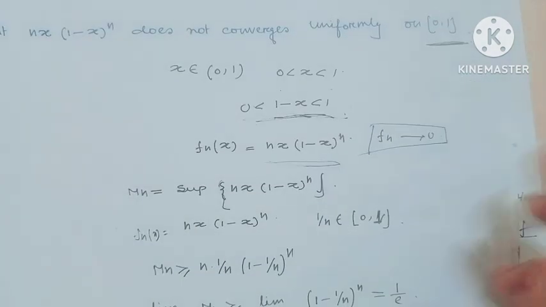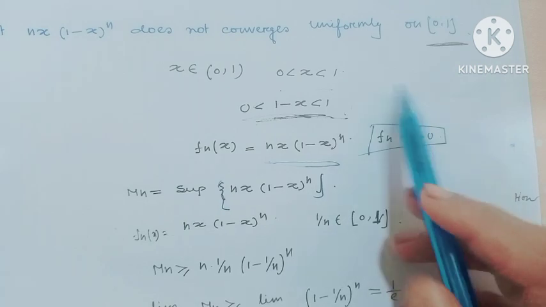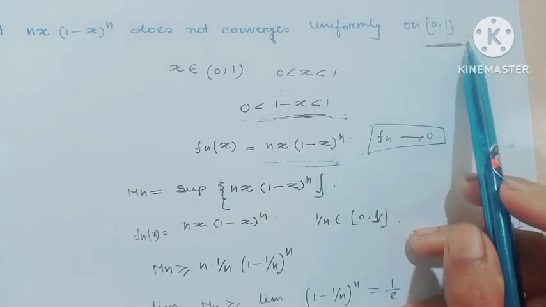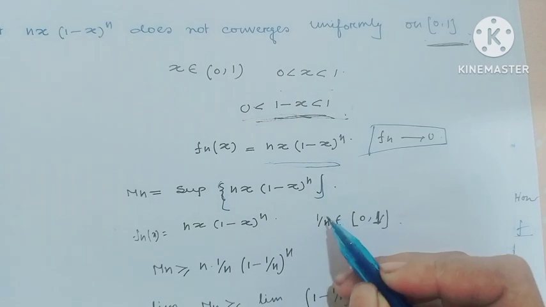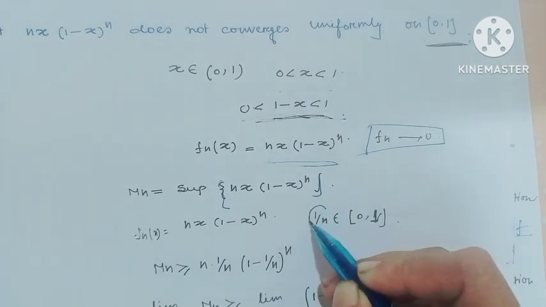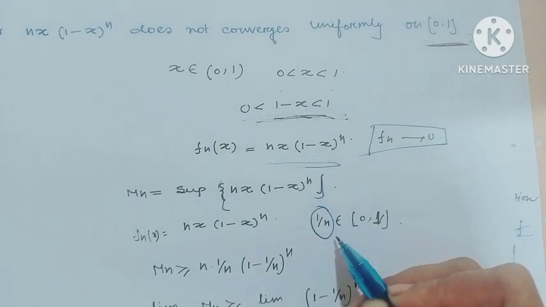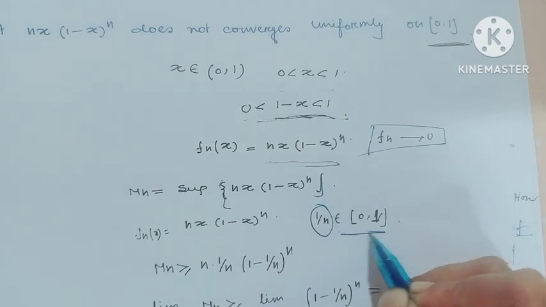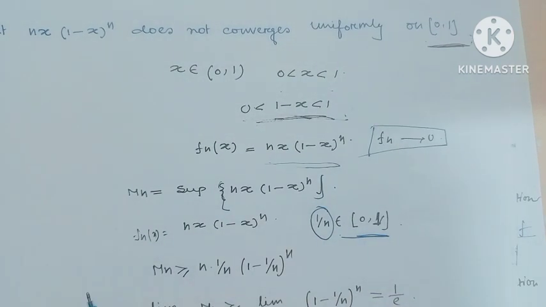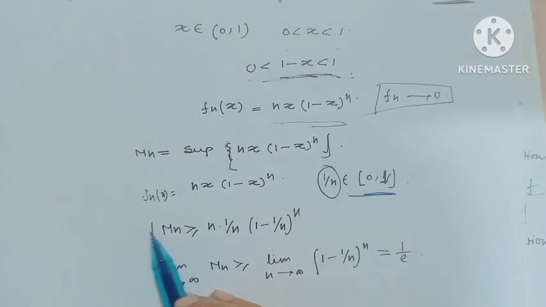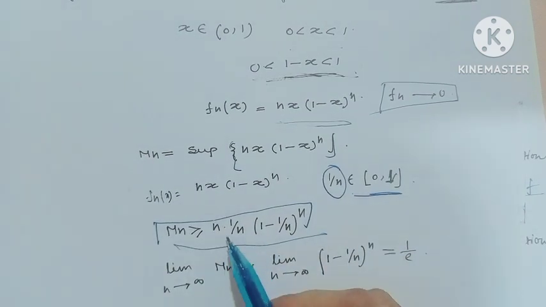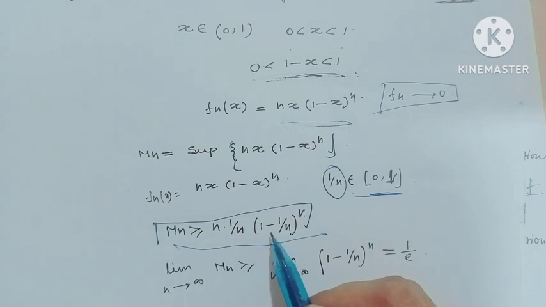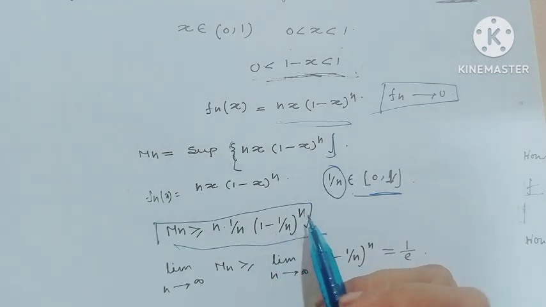Since x belongs to the closed interval [0, 1] and 1 over n belongs to [0, 1], Mn is always greater than or equal to n times 1 over n times (1 minus 1 over n) to the power n.